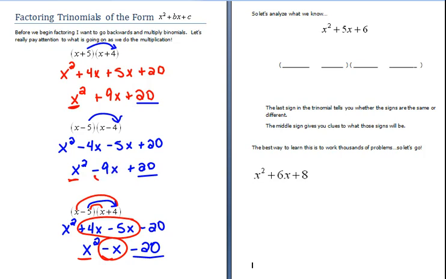That will always be the case. This middle term came from combining those two. This middle term came from combining those two. When we look at exactly what happens when we multiply them, it's going to make it much better when we go backwards.